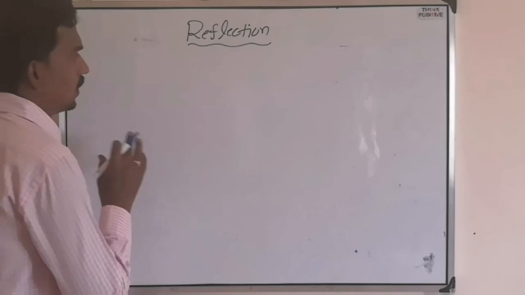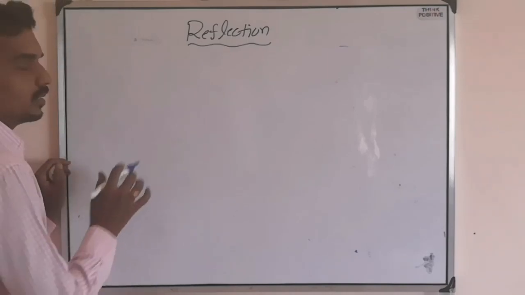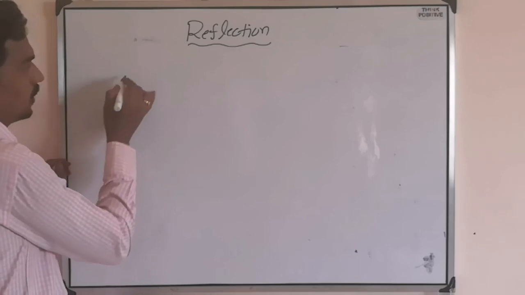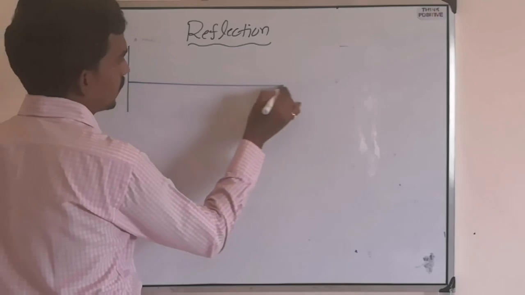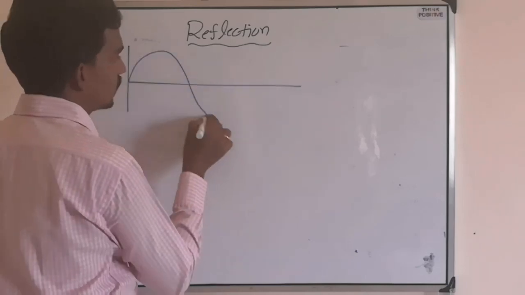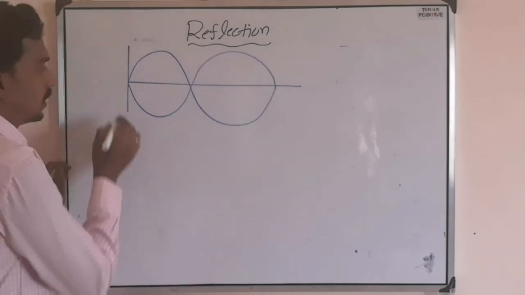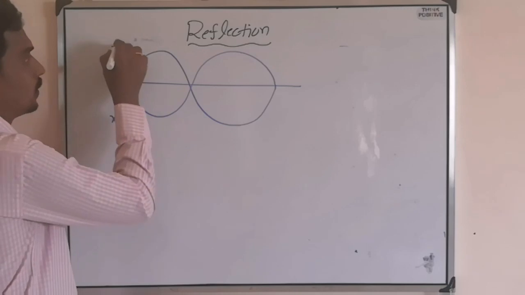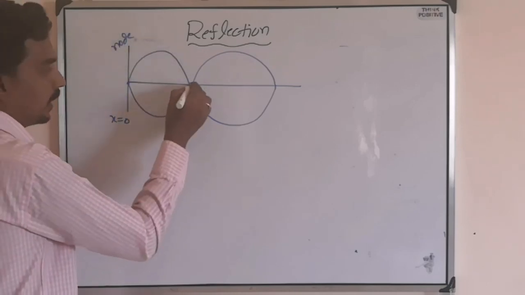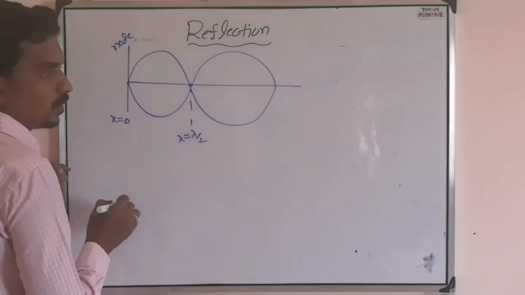Now, in such stationary waves, let's take one like this. At x equal to 0, node. At x equal to lambda by 2, node.